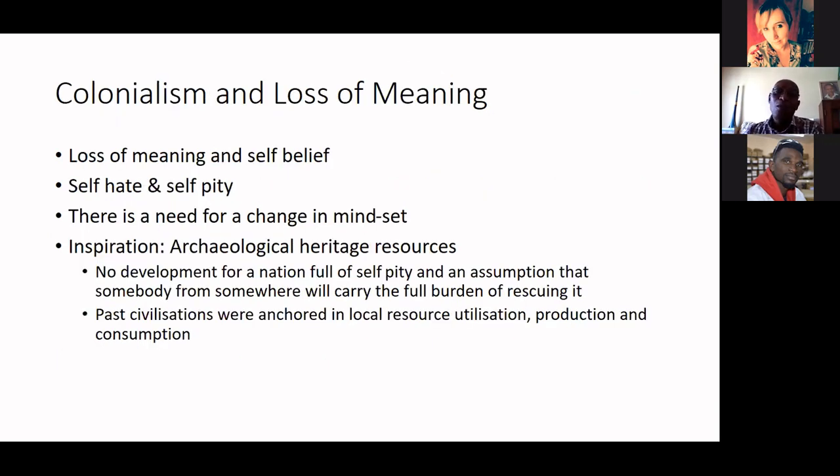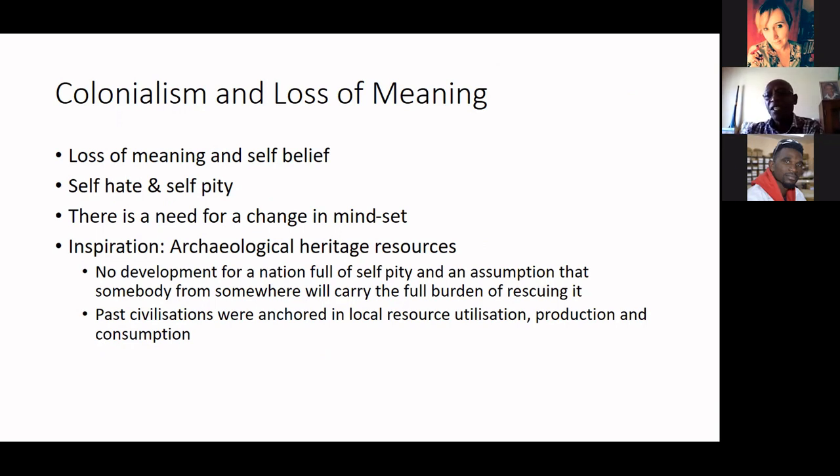One of the major challenges, especially in Africa, is the issue of colonialism and the hangover from it that has resulted in loss of meaning in many issues.